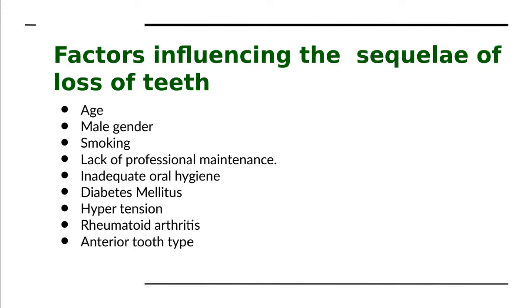Then lack of professional maintenance, inadequate oral hygiene, and many systemic diseases like diabetes mellitus, hypertension, rheumatoid arthritis. And finally, the tooth type. Based on anteriors and posteriors, which type of teeth are lost first and which are lost later is also a factor which influences the sequelae of loss of teeth.